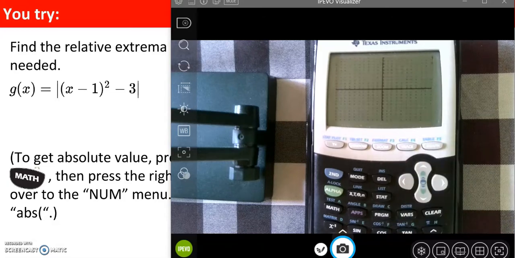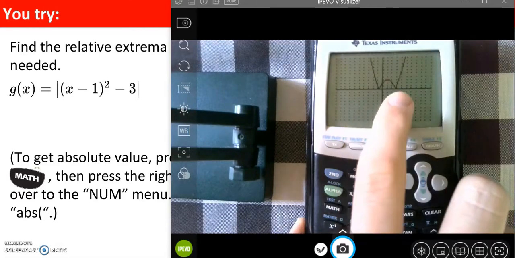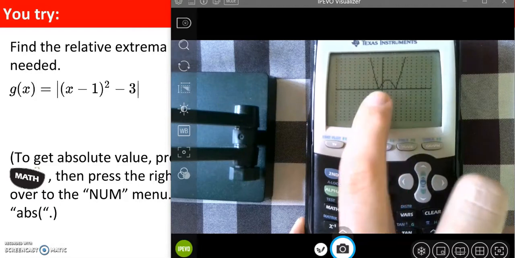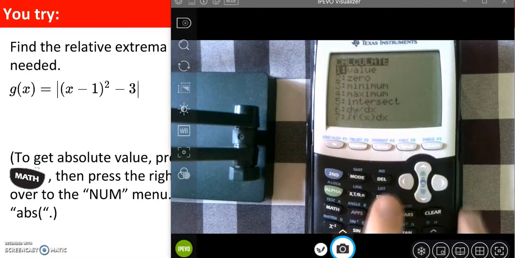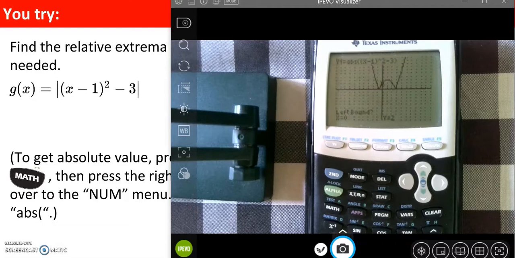Let's take a look at the graph here. Oh my, that's interesting. I think I see what would be 2 minimum values and a maximum right about there. Let's see if we can find them. To find the maximum, the order you do these in doesn't matter, right?